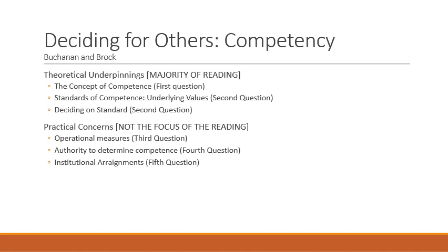So operational measures, and the fourth question of who should make the determination or who has the authority to determine competence, and the fifth question of what sorts of institutional arrangements are needed.